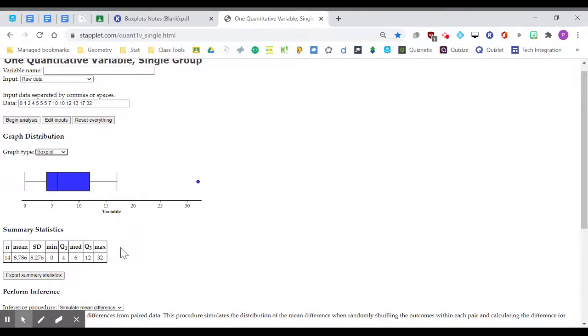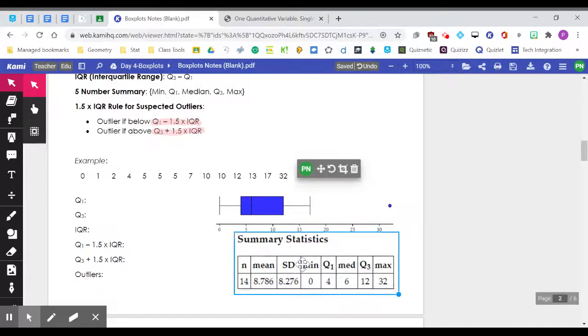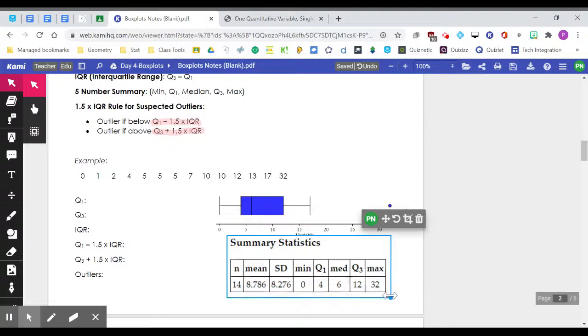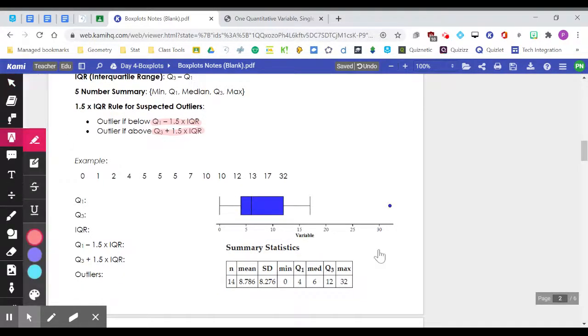Well, they do give you some information here, so I'm going to snip the summary statistics so that I have them for myself here. And you'll notice they give me the 5 number summary right here. So I'm going to highlight that for you.